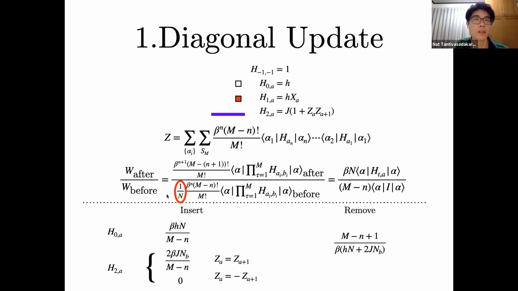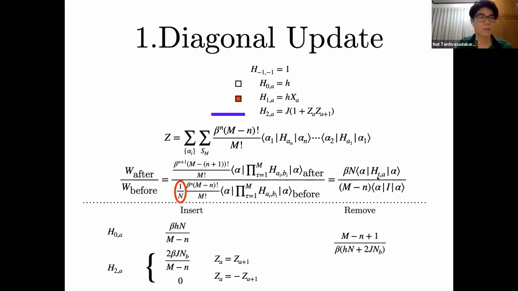But everything else, the only thing that changes here is that I've inserted an operator. So in the end everything else will cancel, and I only have the diagonal operator that I inserted divided by the identity operator, which is just 1 here. And this is just some weight you get from the calculation over here.